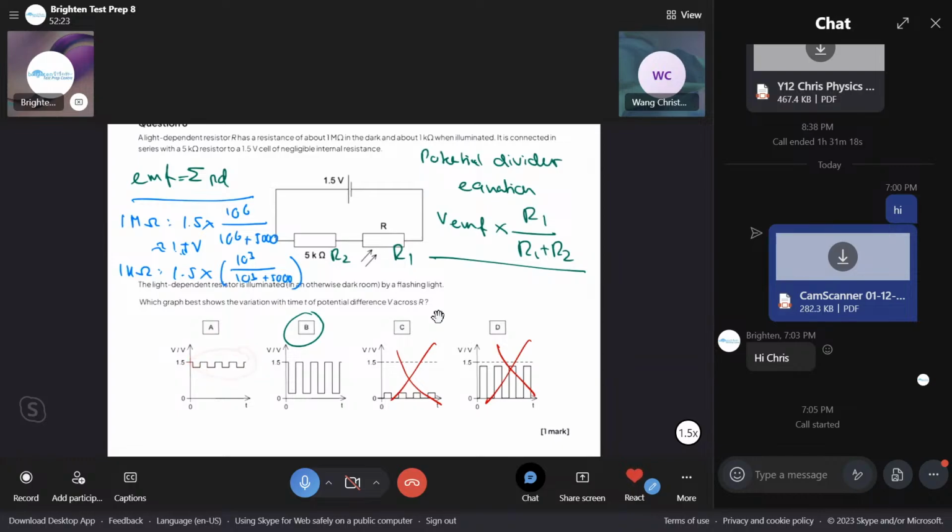So the slight variation is out of the question, because we can see that the fixed resistor becomes extremely dominant, and hence the potential difference drops significantly, but it is not reaching 0 because there's still the 1 and it's still this plus 5000.